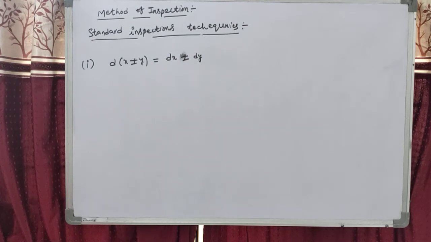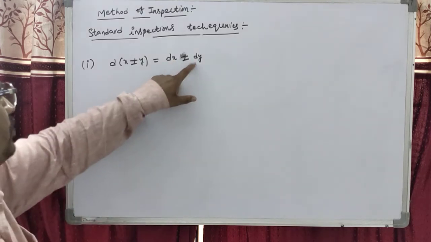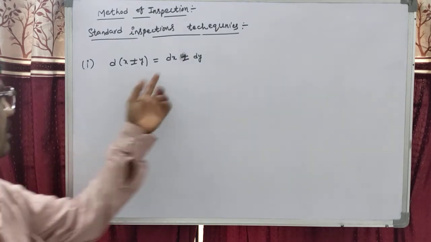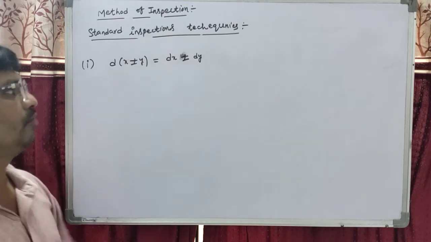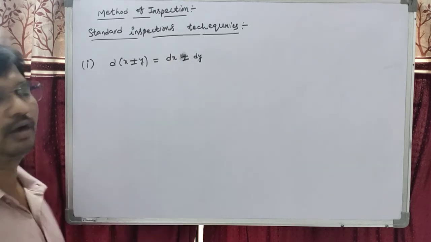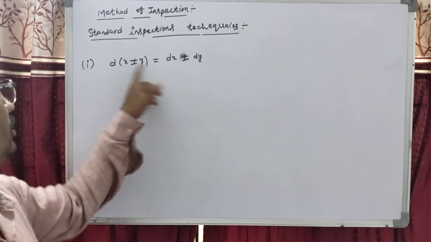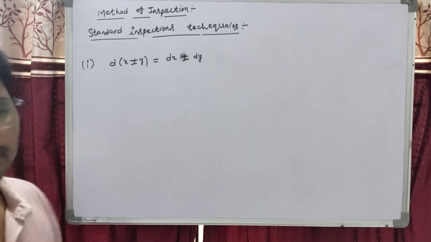When you get dx plus or minus dy, that is, d of x plus or minus d of y, you can write directly the derivative of x plus or minus y. This is no problem, students.